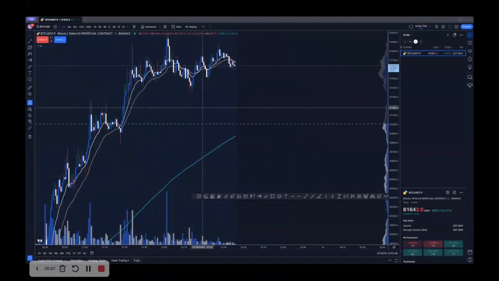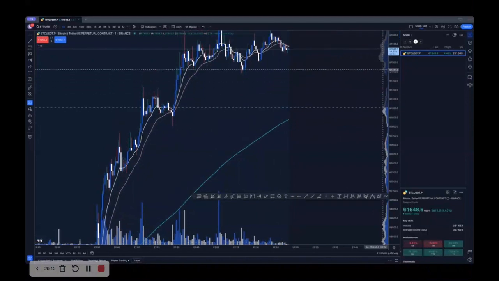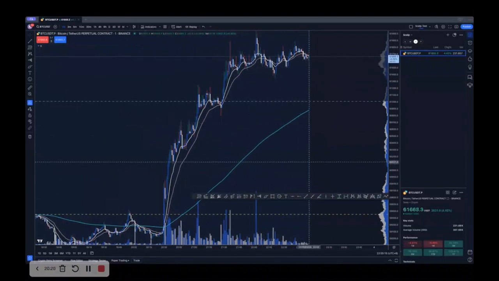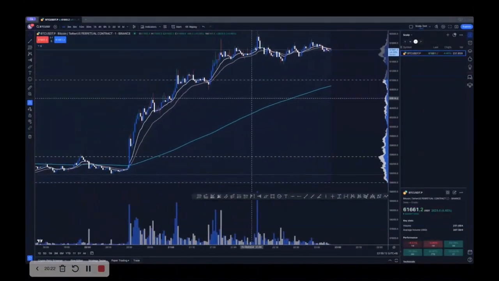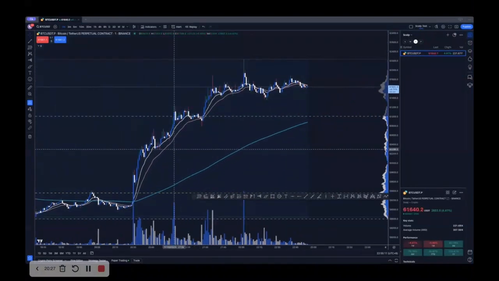Okay. So now we have this angle, right? This little bowl shape, right? So the first thing I need to do is identify a trend line I can use, right? So here you can see a little bit of consolidation, even though we had a crazy impulse here.